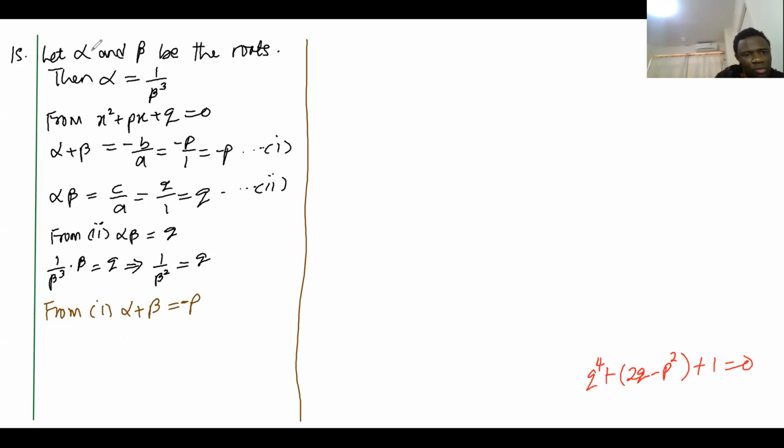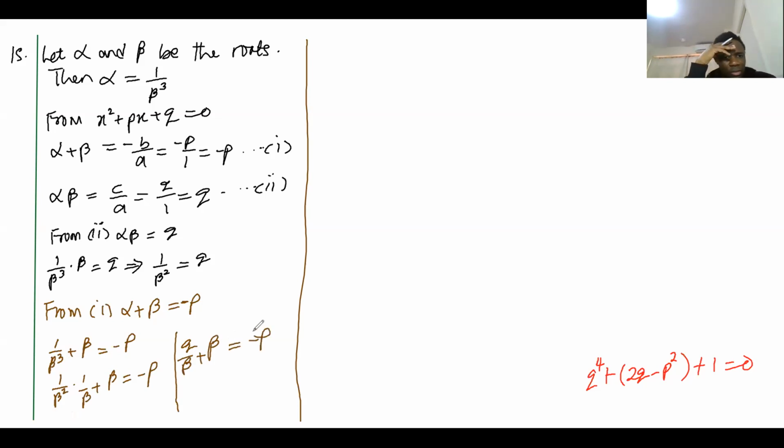Okay, so alpha again is 1 over beta cube, then plus beta equals minus p. Now this is 1 over beta squared times 1 over beta, plus beta equals minus p. Now this is q. So I'm trying to see if I can do q over beta plus beta equals minus p, something like that.